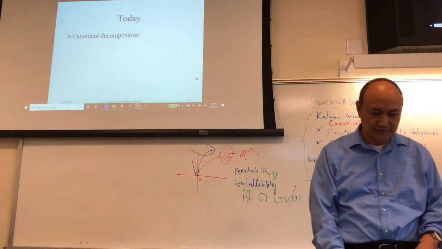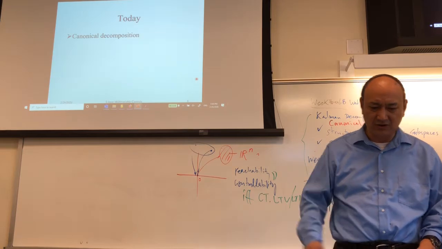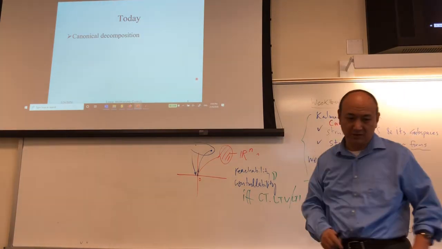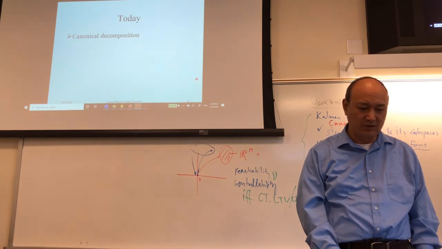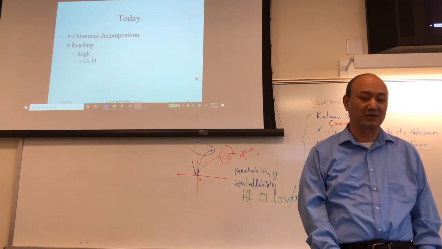So canonical decomposition is called Kalman decomposition. We are going to do this one today, and hopefully we can go through all of them. Chapter 13 is the reading part.